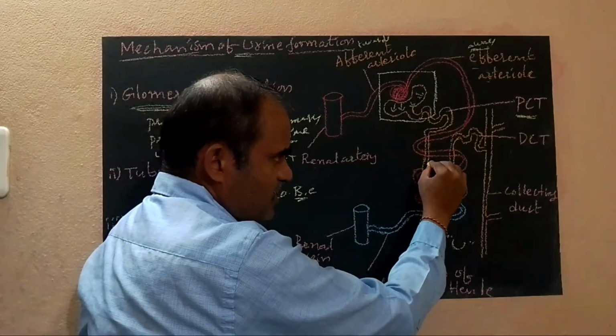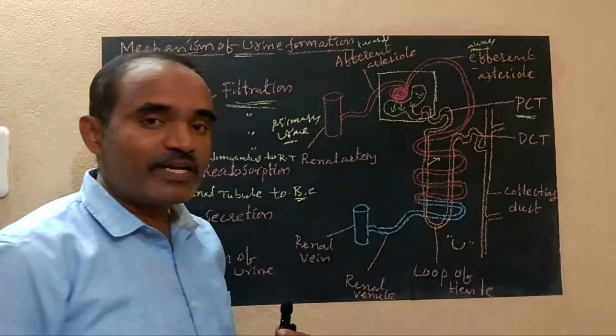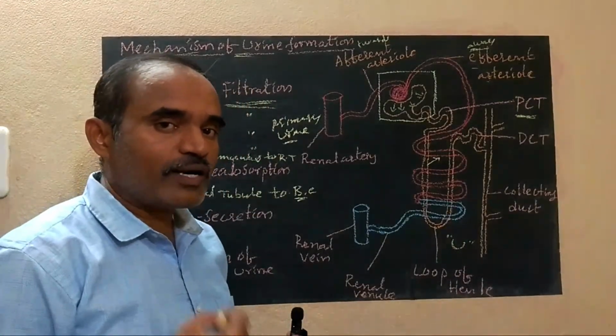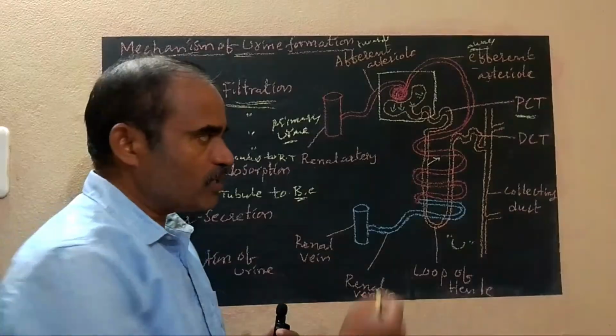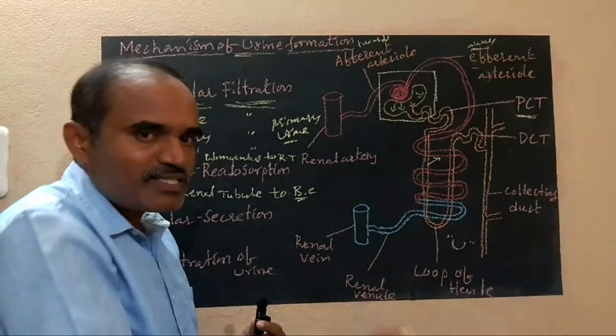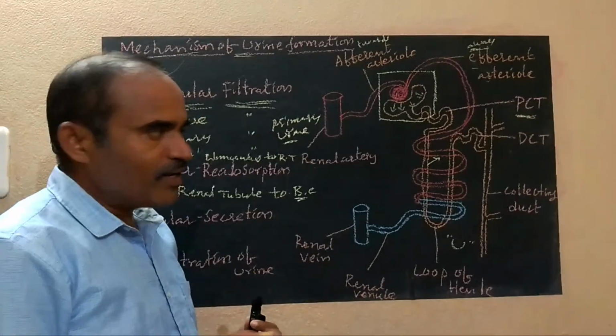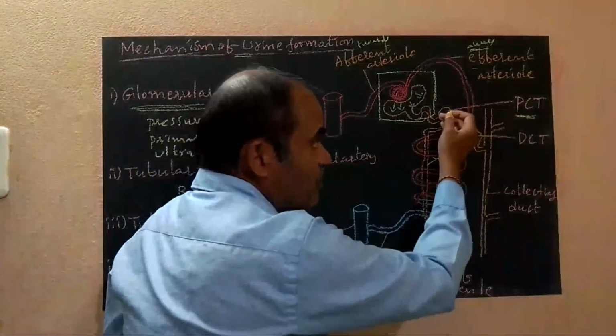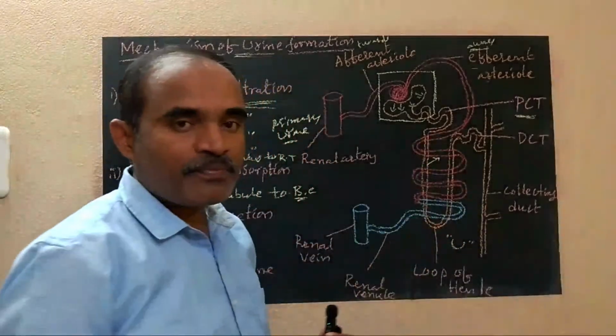All the useful substances are reabsorbed. This takes place in the PCT part of the renal tubule.